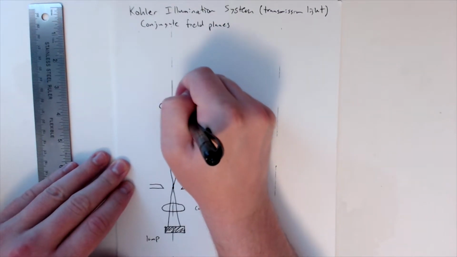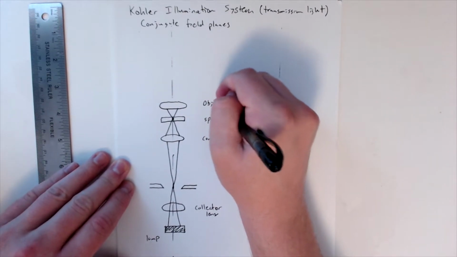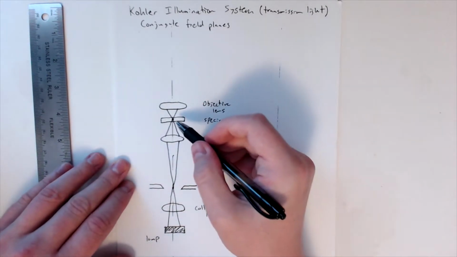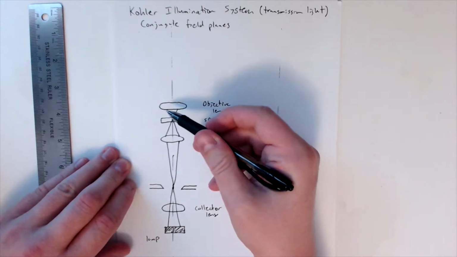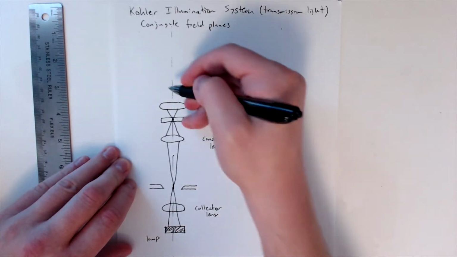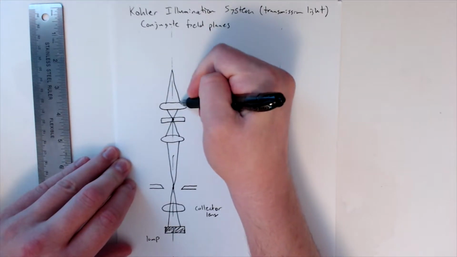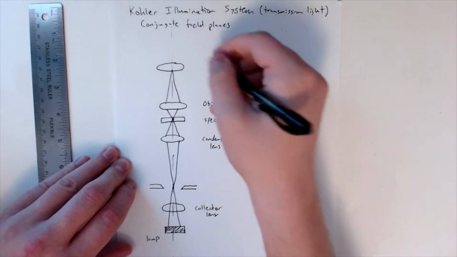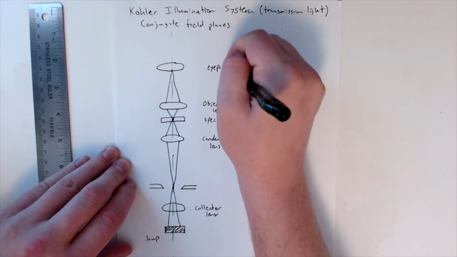We have a lens here, this being our objective lens. This is the one we're familiar with. And then the objective lens takes that divergent light and focuses it. So we have light that focuses to a point. And this is our eyepiece. So it focuses it to the eyepiece, or ocular.